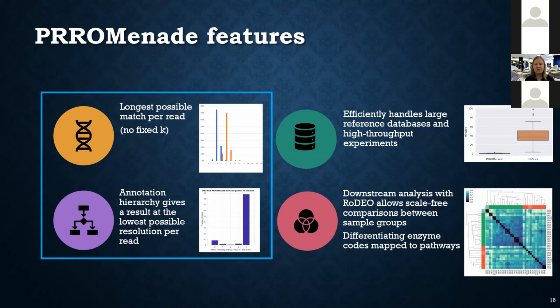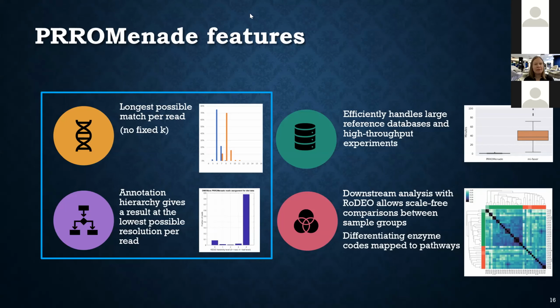And we efficiently handle large reference databases and high throughput experiments, and allow scalable, scale-free comparison between sample groups when we use our method Rodeo, for example, for comparing these functional profiles across different experiments that may have different sequencing depths.